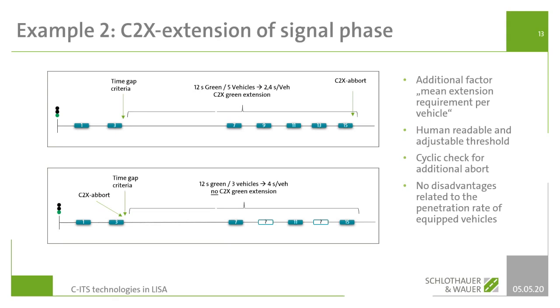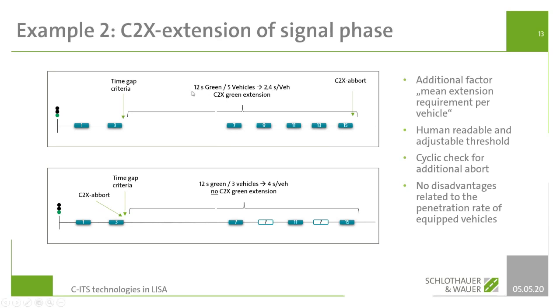Next, I will show you how you can improve the extension of a signal phase. The idea here is to add another check to our time gap criteria. In the first example, you see that we have some recognized vehicles in the communication range of our roadside unit. And the idea here is to have a computation.